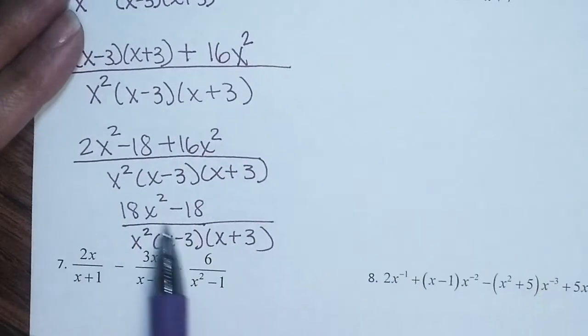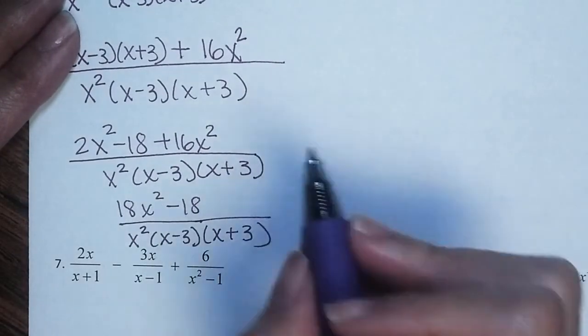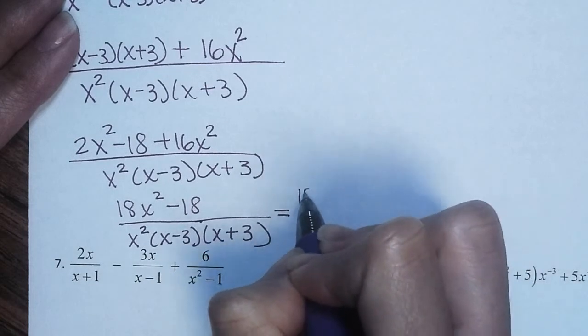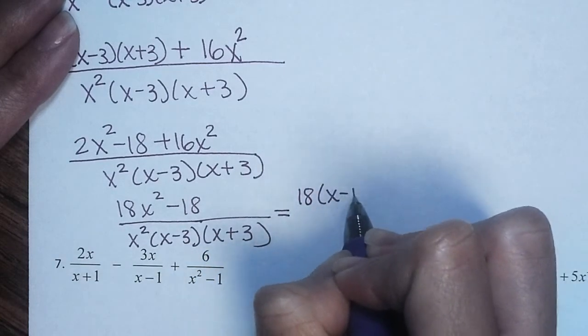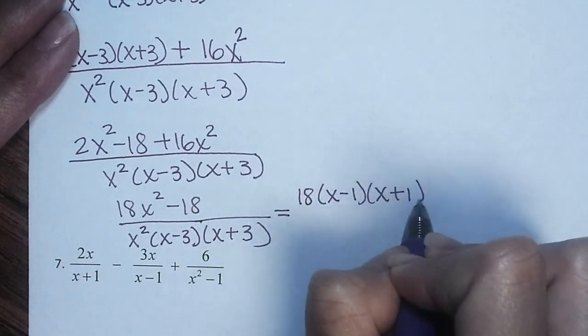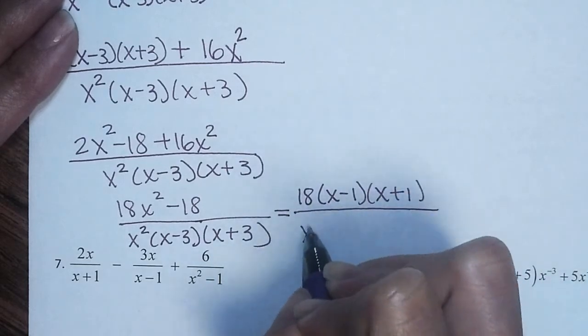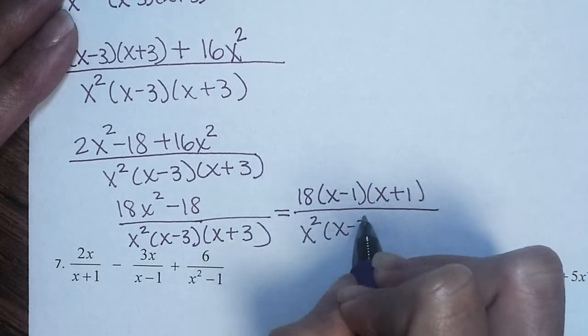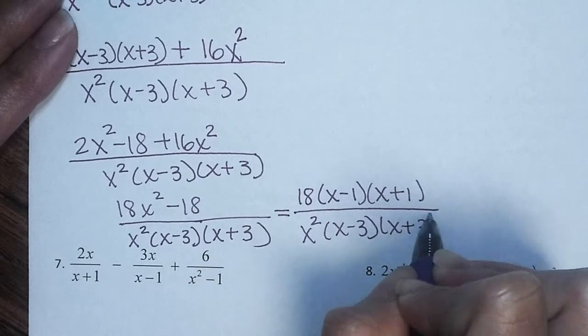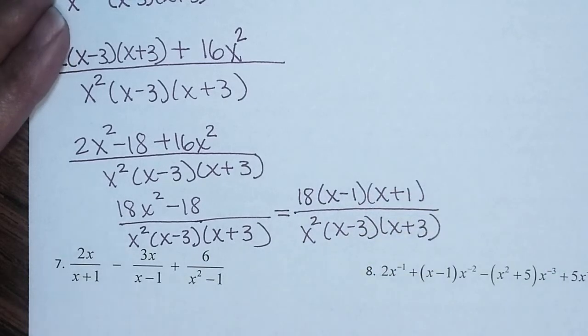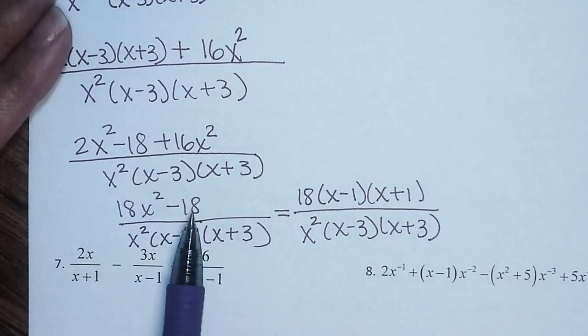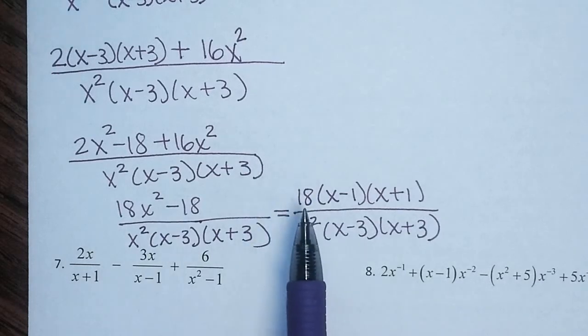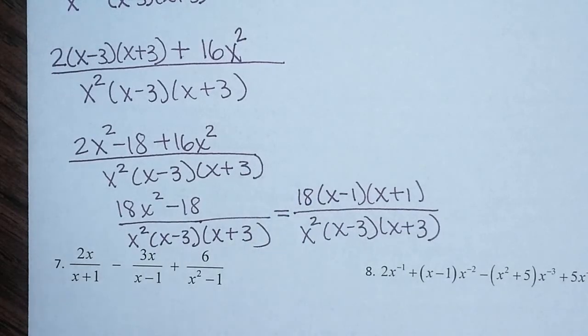So we need to do that right now. So right here, this 18x squared minus 18, that's going to be 18 times x minus 1 times x plus 1. Okay, so 18x squared minus 18, I did factor it into 18 times x minus 1 times x plus 1.